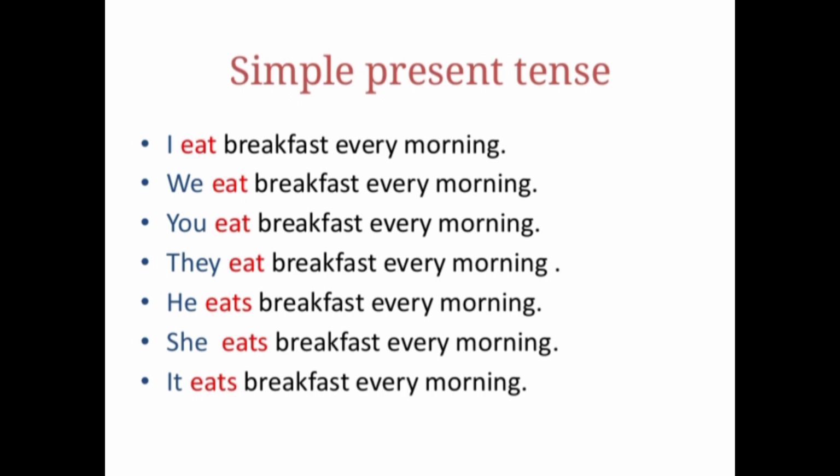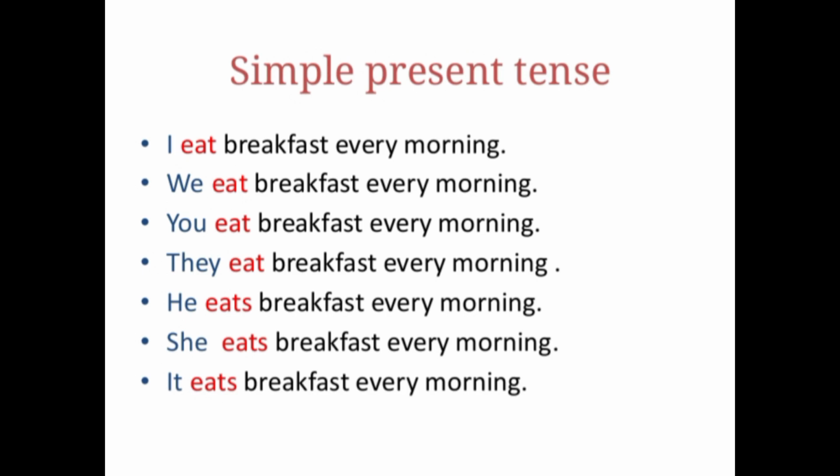She eats breakfast every morning. He eats breakfast every morning. It eats breakfast every morning. This is how the sentence changes based on its subject. If we have I, we, you, they, these subjects do not take the s or es form on the verb.